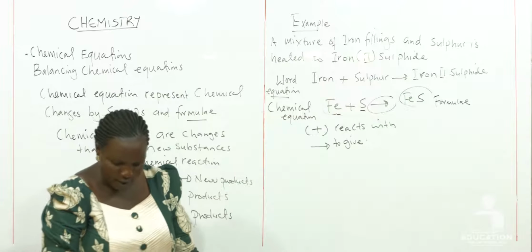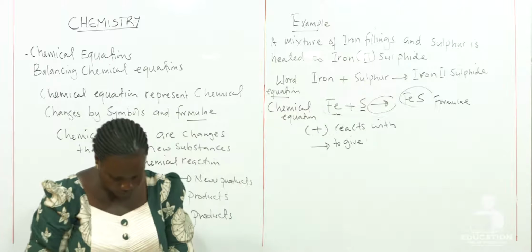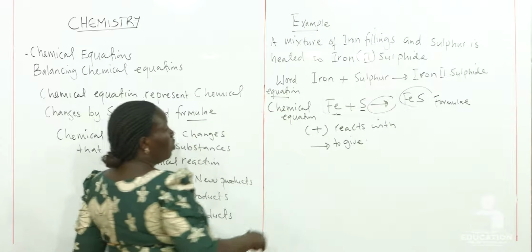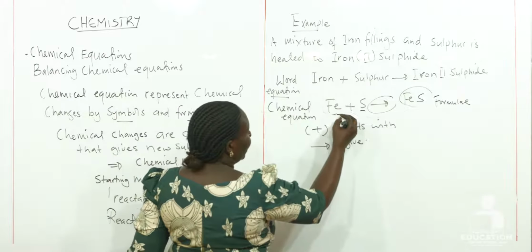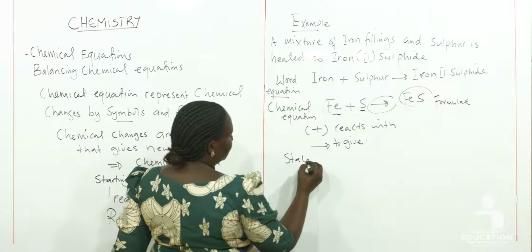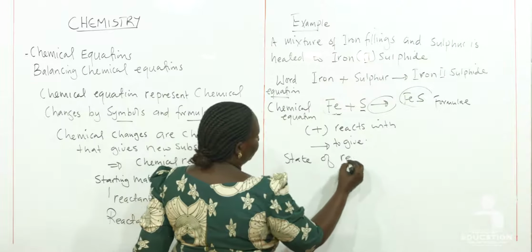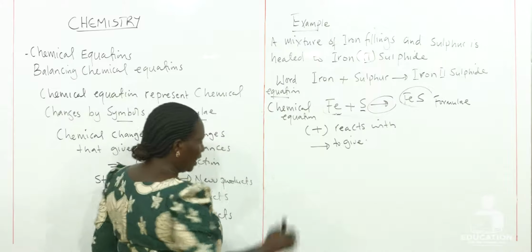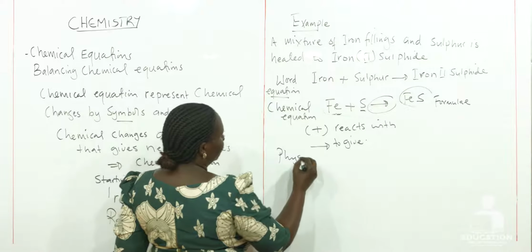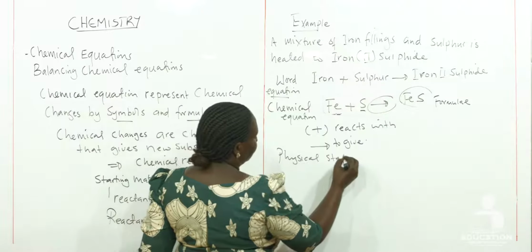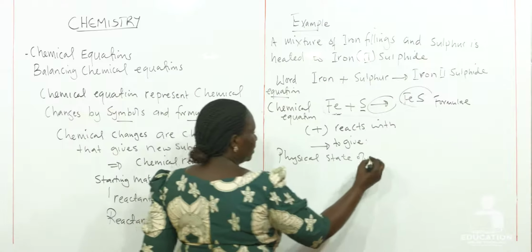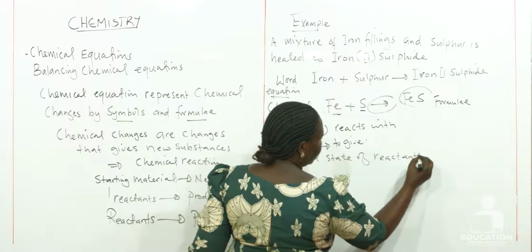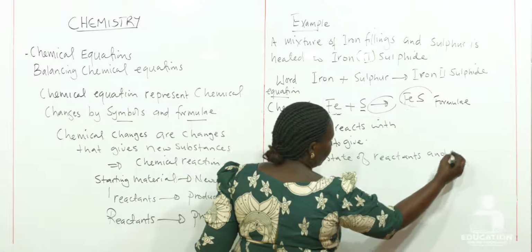Also, when we show chemical equations, we must indicate the state of the reactants and the products. We are talking about the physical state of the substances, of the reacting substances and the products.